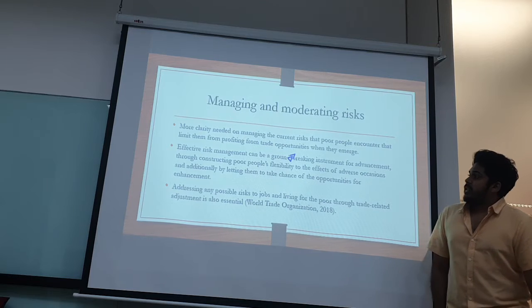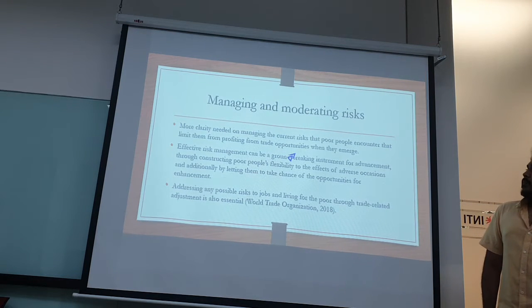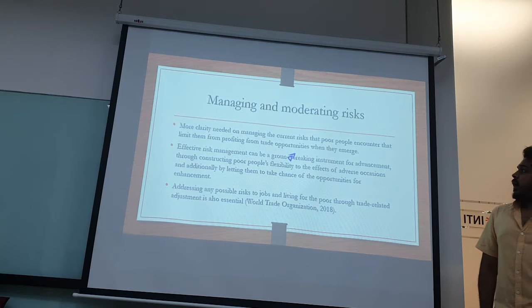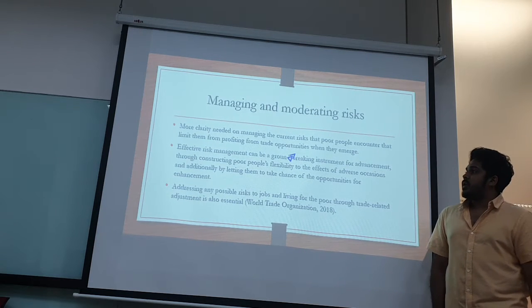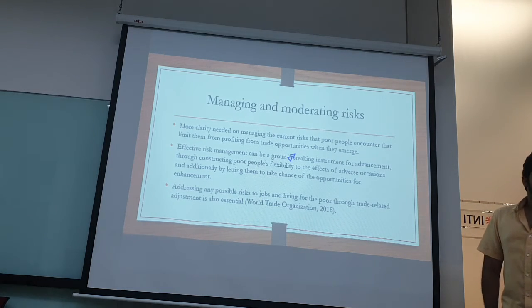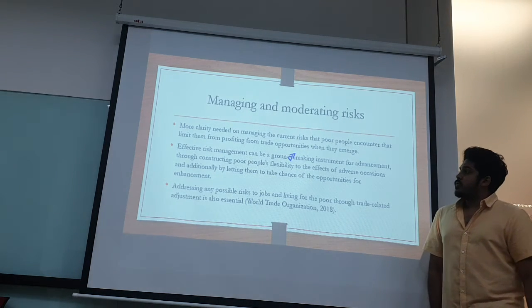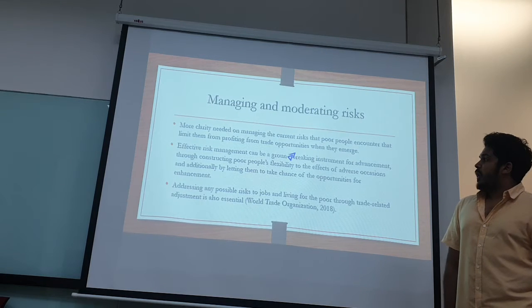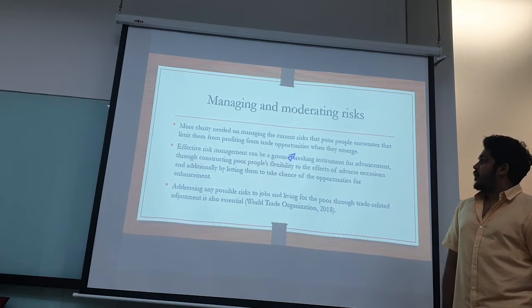For example, effective risk management can be a groundbreaking instrument for advancement by building poor people's resilience to the effect of adverse events, and also by letting them take the chance of the opportunity of enhancement.